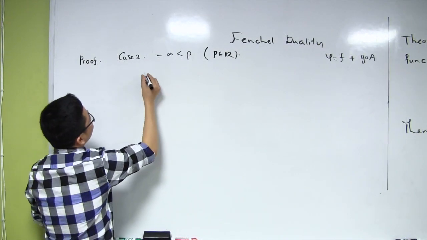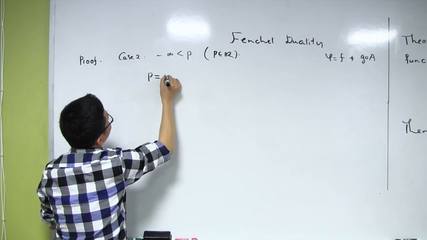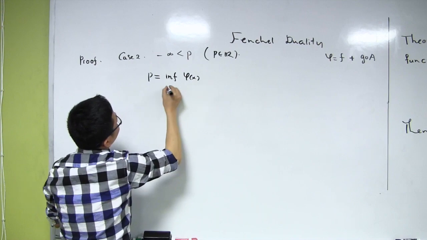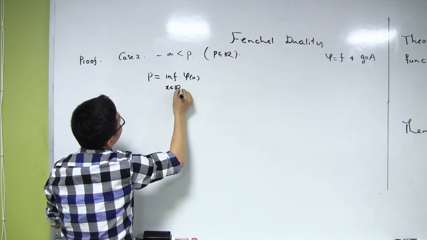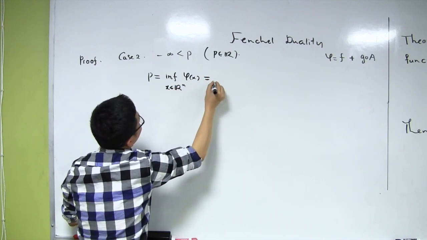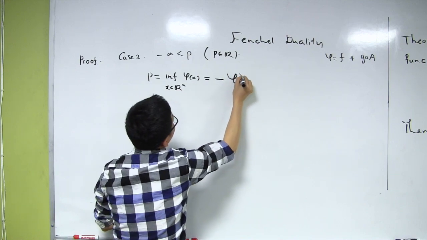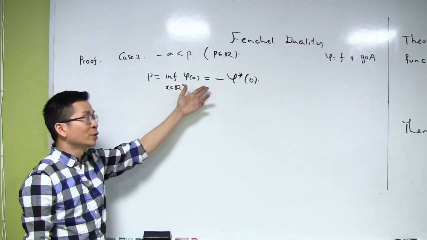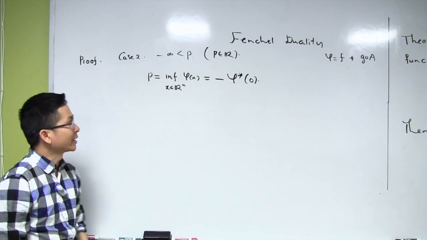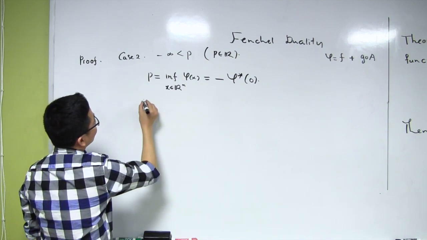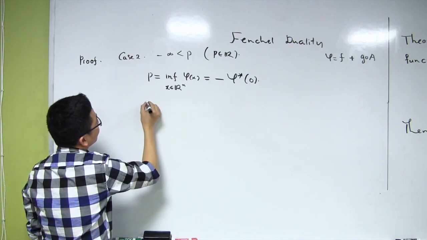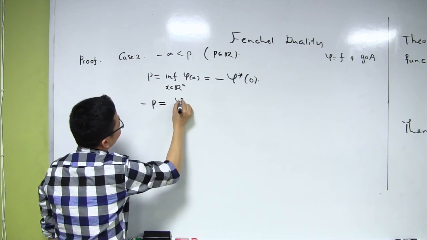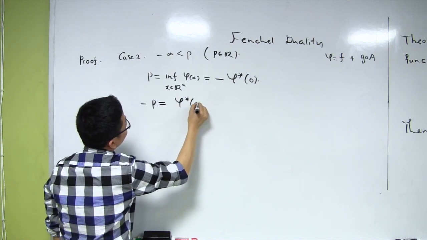Now recall that P is actually the infimum of Φ of x, where x runs in Rn, and it is equal to minus Φ star of 0. This was proved in my previous lecture. Okay, so then let's look at minus P. So minus P is equal to Φ star of 0.